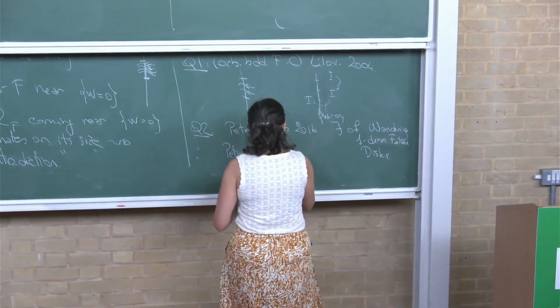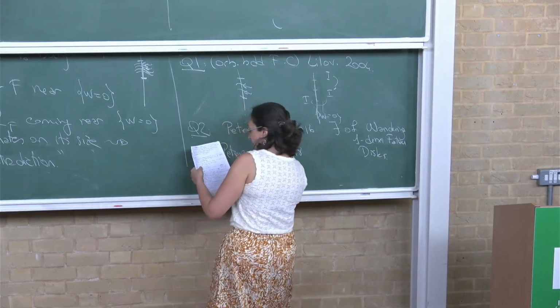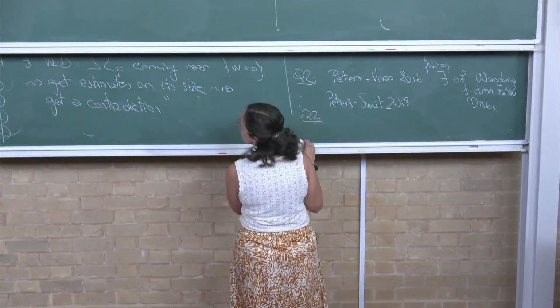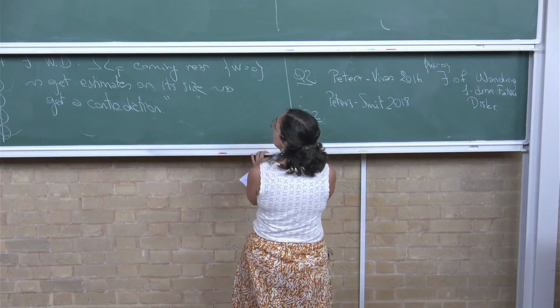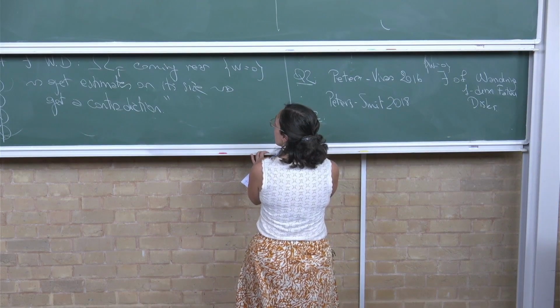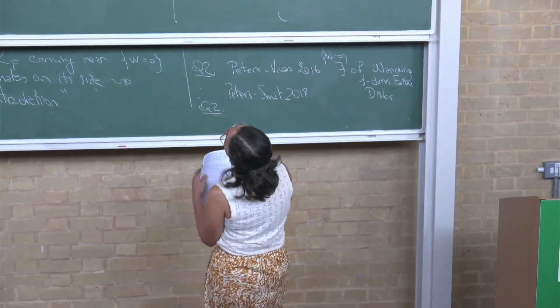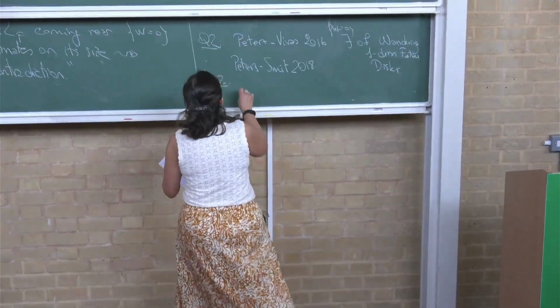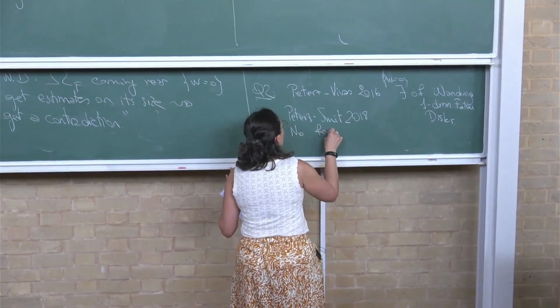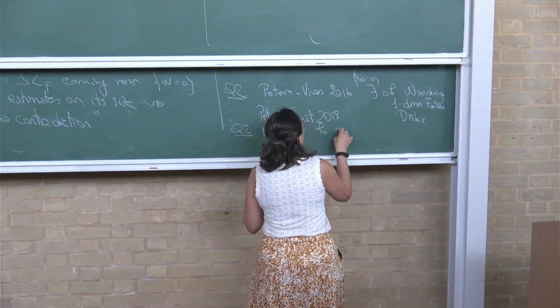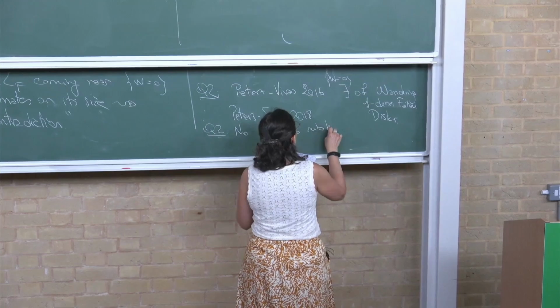proved in 2018 was that question 2, I don't remember how I phrased it. Was it like, is there a... oh, it's up there, thank you. Yes, so the answer is no for F0 sub-hyperbolic.